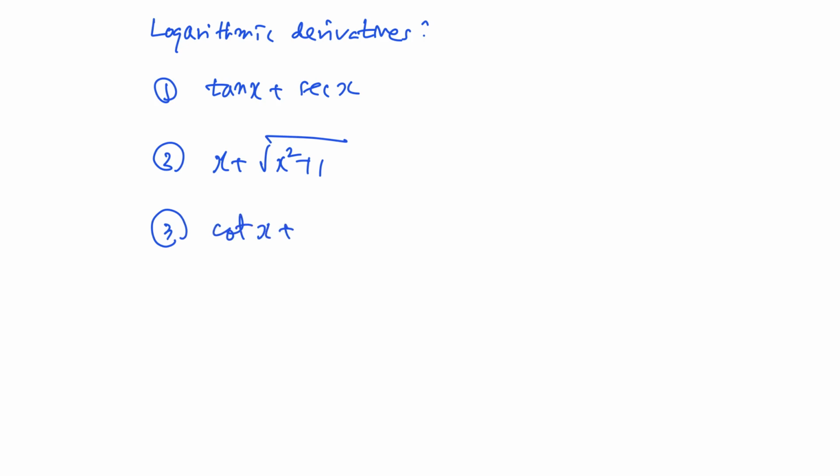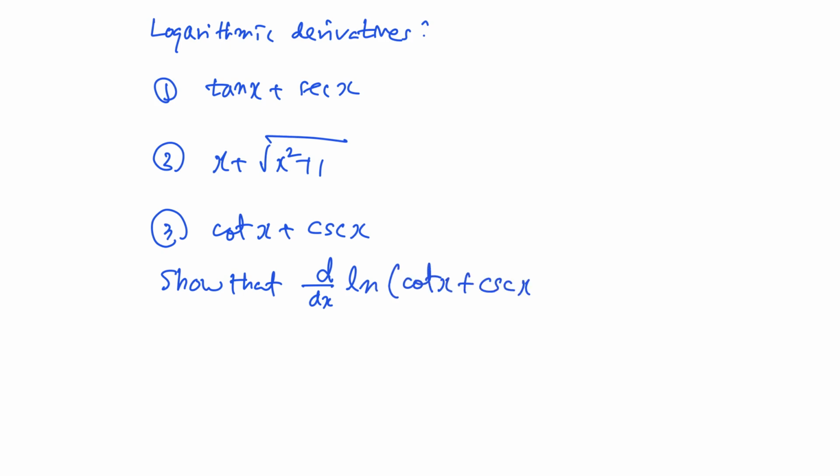And cotangent x plus cosecant x. So show that d/dx ln of cotangent x plus cosecant x is minus cosecant x. So this can be homework.